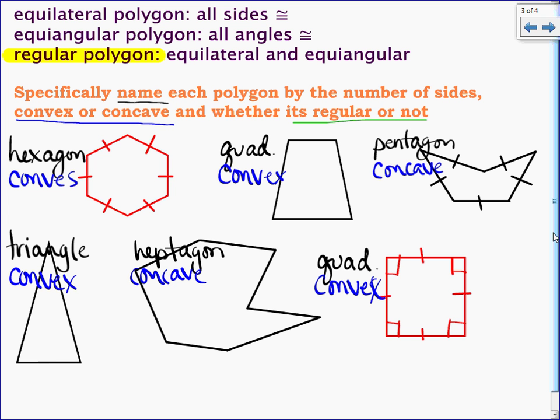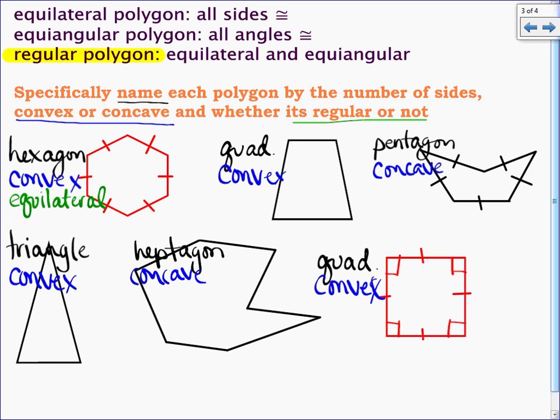And I noticed I got a typo here. Why can't we say that one is regular? I was hoping someone's going to say regular because we can learn a lot from our mistakes. Why is this one not regular? Yep, all the sides are equal.